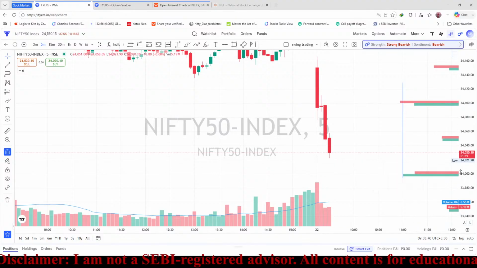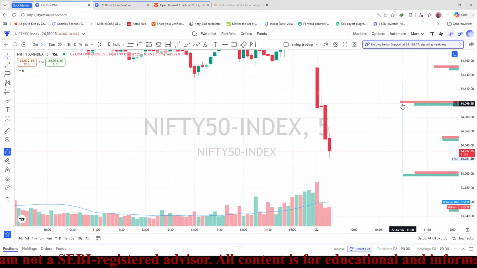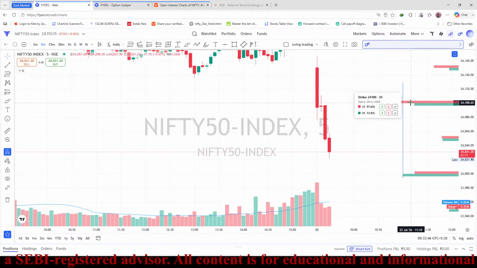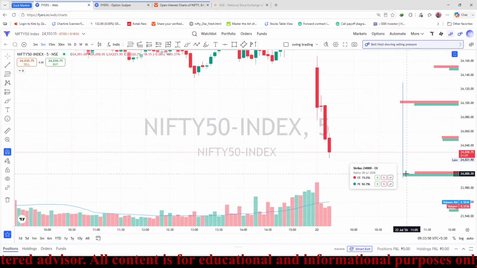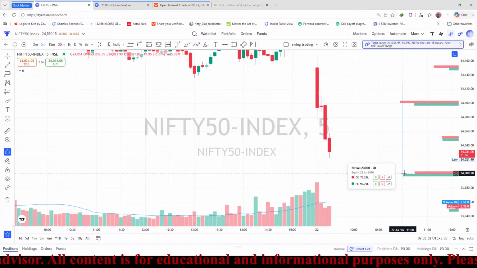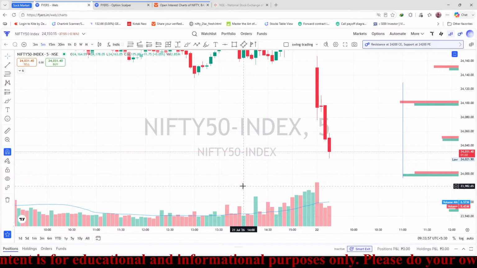So 24,000 is our baseline. How 24,000 is going to react, we'll see. You can see the nearest strike price is almost 24,100, call options is high. If you wanted to enter somewhere here at 24,000, you can wait till this location. So this is our plan as of now.